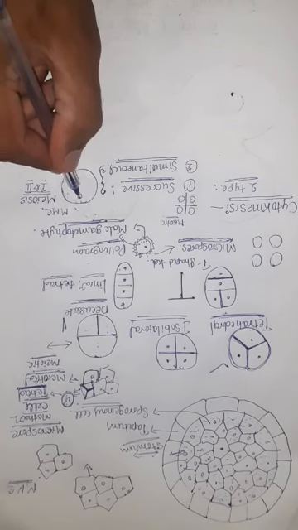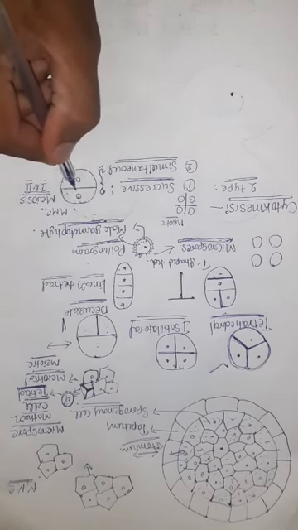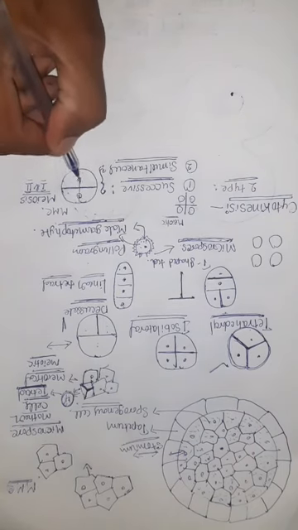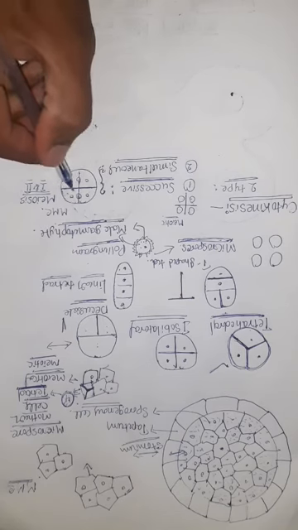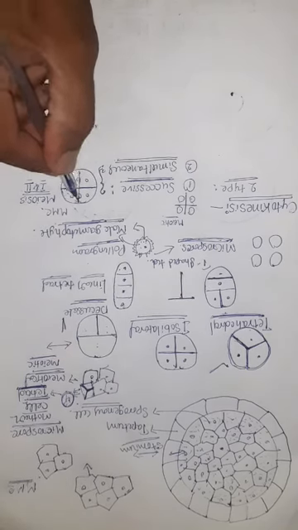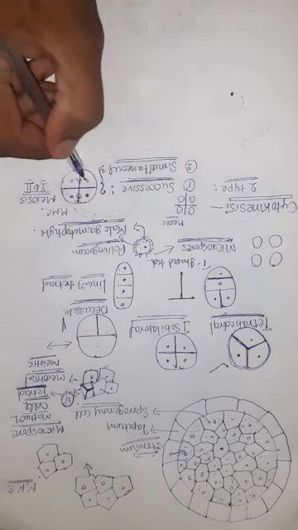After the second division also, the wall is formed immediately after division. That's why we get 4 cells.